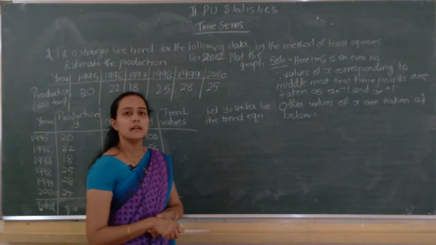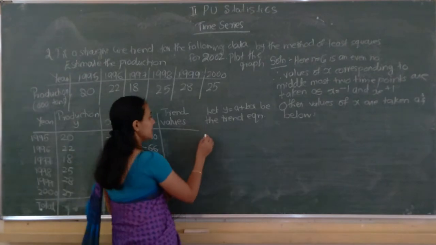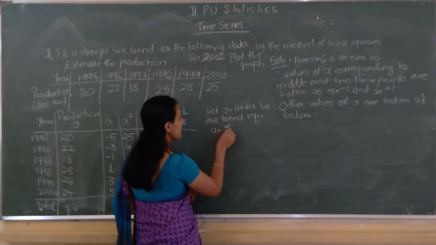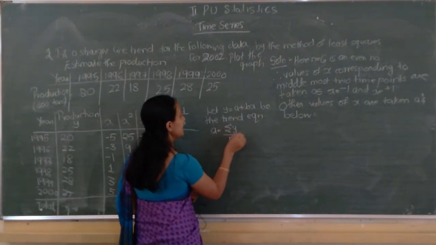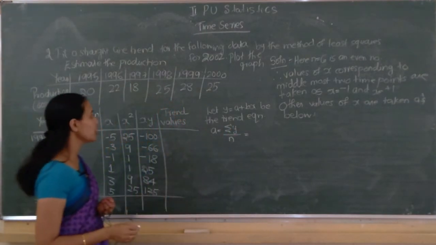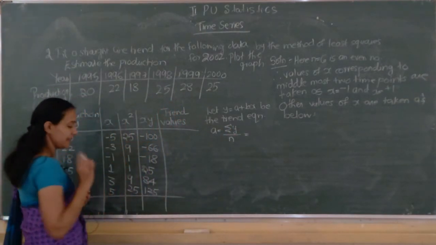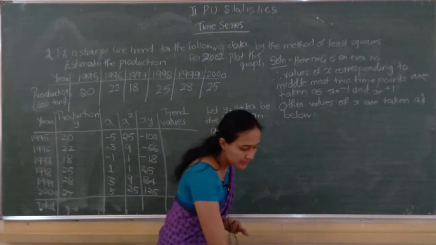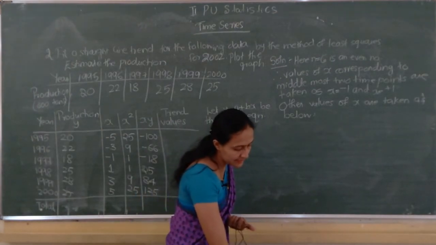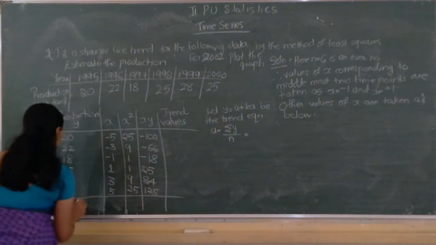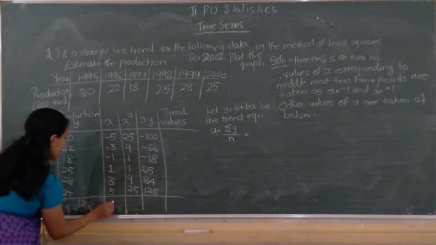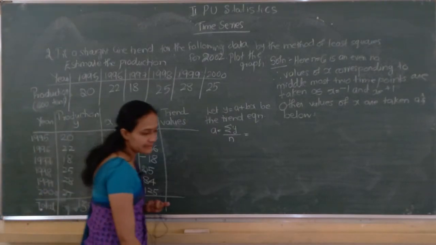Then a equal to sigma y divided by n. Sigma y, total y, every total we have to find. It is n equal to 6, sigma y is 138, sigma x is 0, sigma x square is 70, sigma xy is 50.